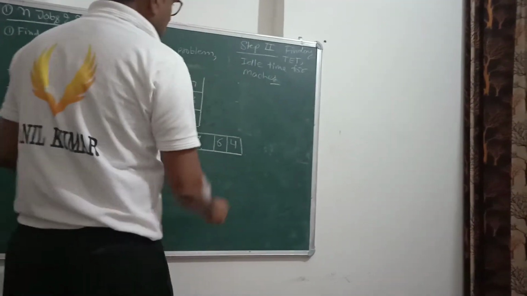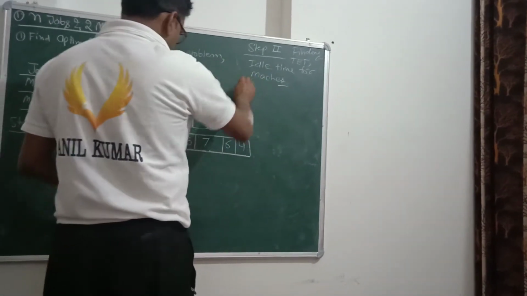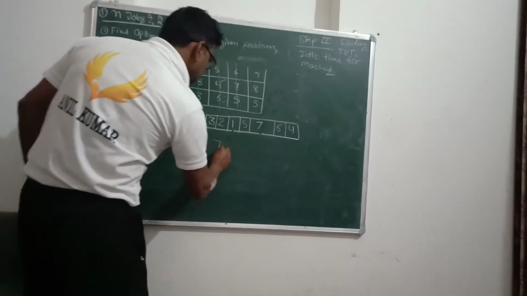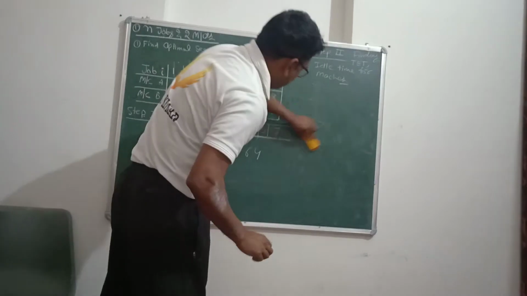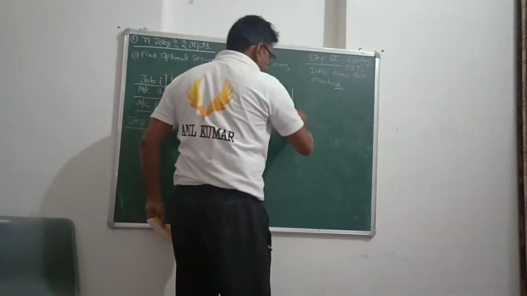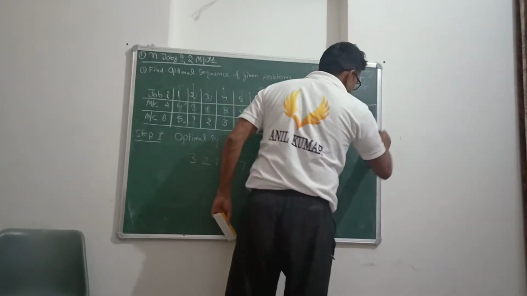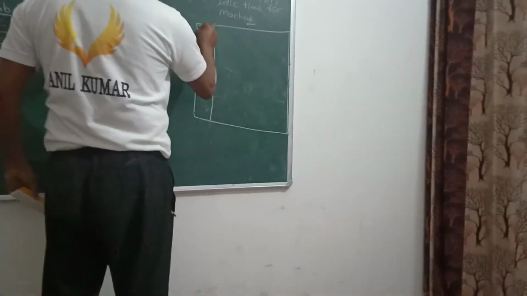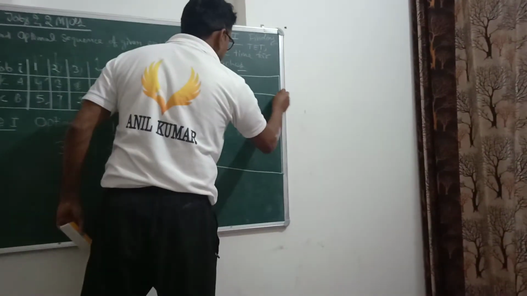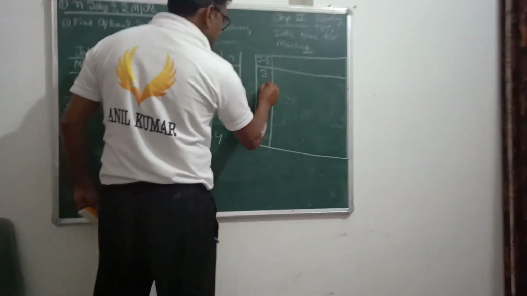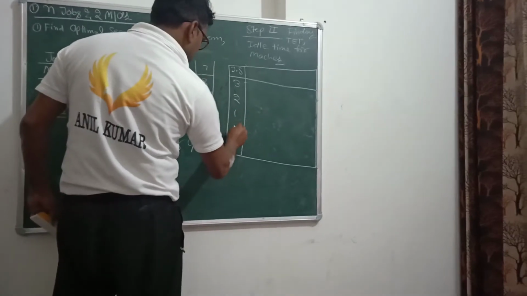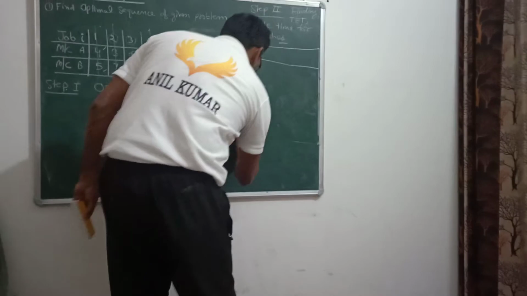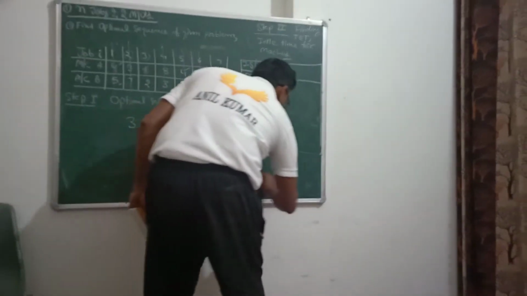For that purpose we will be making a table, and we will be using the sequence 3 2 1 5 7 6 4. So just draw a table here also. This is the job sequence which we have obtained from here: 3 2 1 5 7 6 and 4.